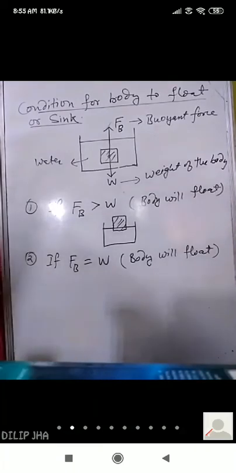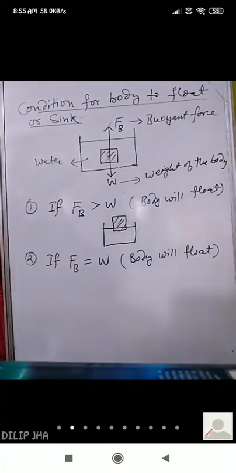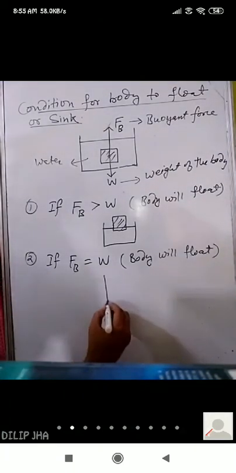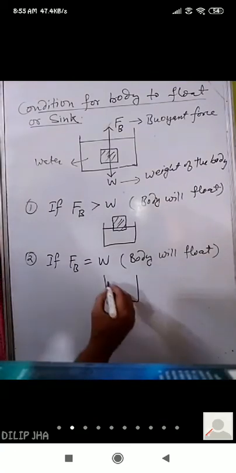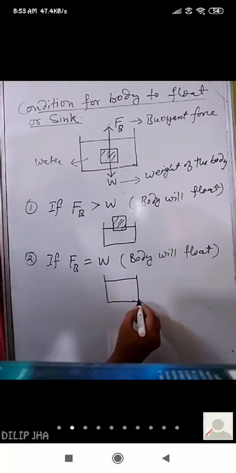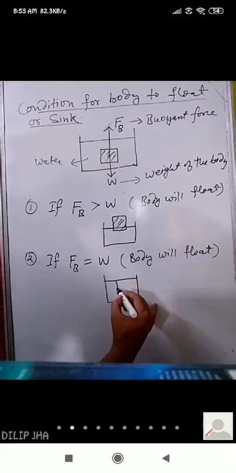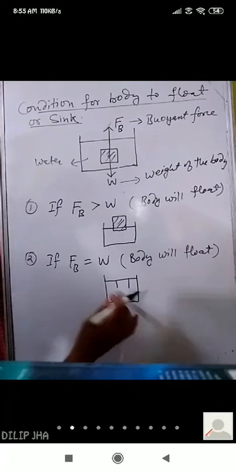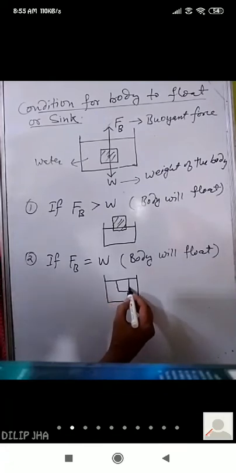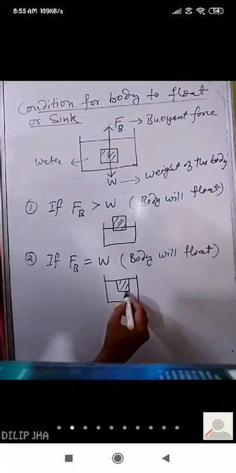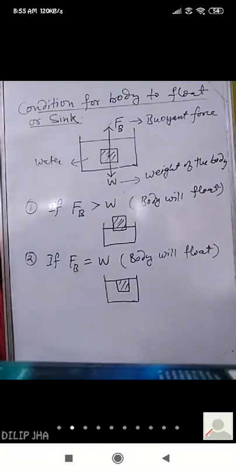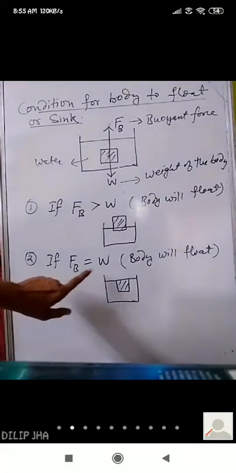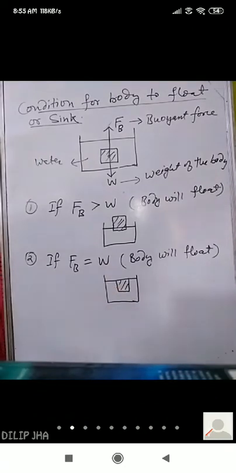And the diagram will be: in this case the body will be just below the free surface of the liquid, when upthrust and weight both become equal. So this is also the condition for floating, greater than or equal to.